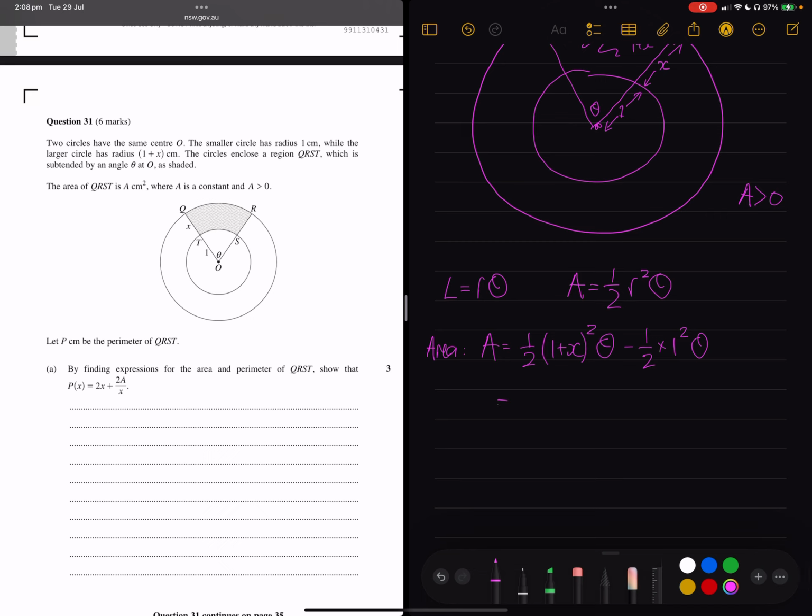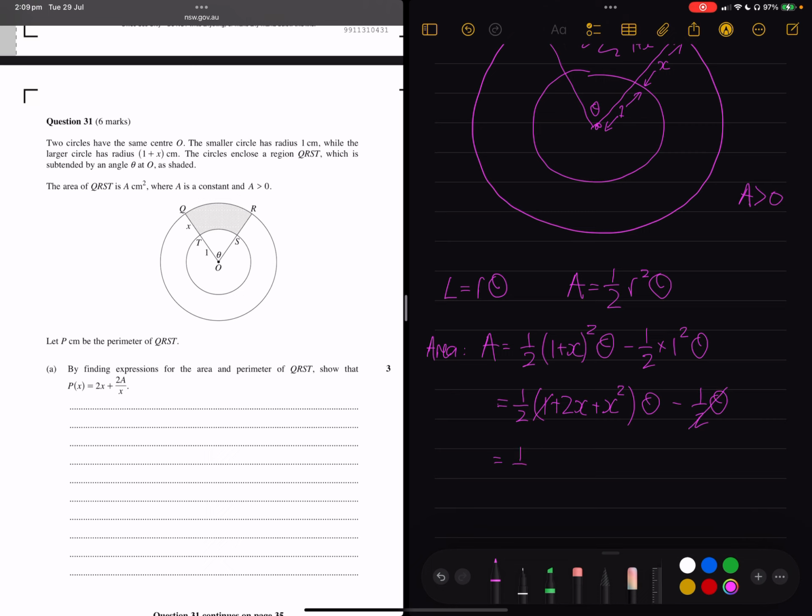If we expand this, this becomes 1/2 times (1 plus 2x plus x squared) times theta, minus 1/2 times theta. If we expand this further, we get 1/2 theta at the beginning from this term, and a minus 1/2 theta at the end.